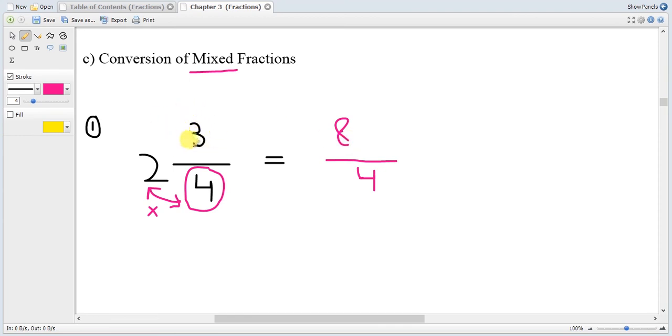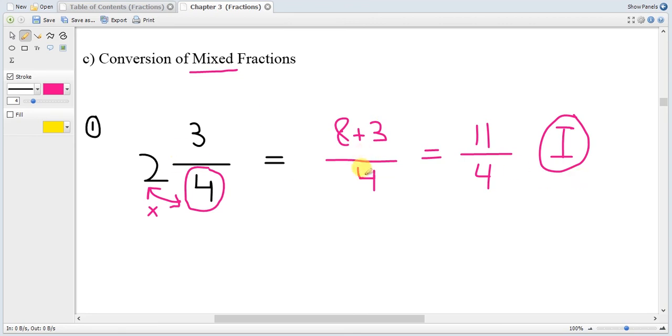Then simply add the numerator value: 8 plus 3 gives us 11. Our denominator is 4, so the overall fraction becomes 11/4. And this is an improper type of fraction.